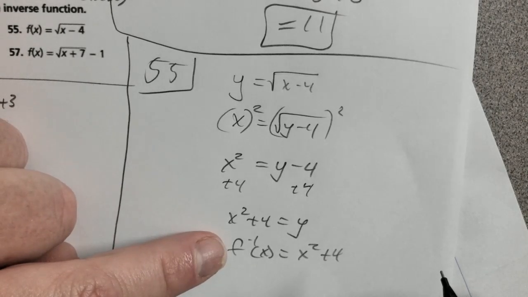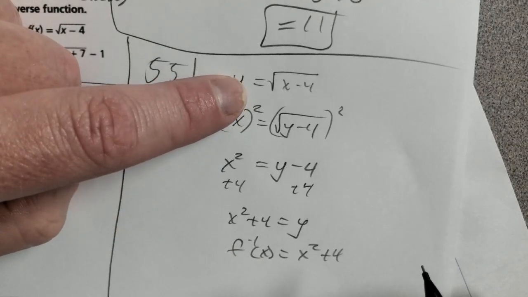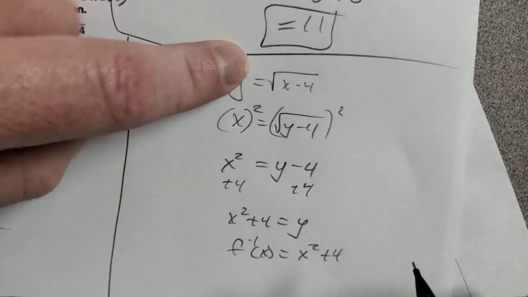Would we end up getting the entire graph for x squared plus 4? Like, would the inverse of the original be an entire parabola? No. It would just be half of it, right?